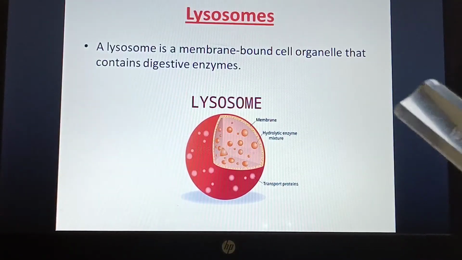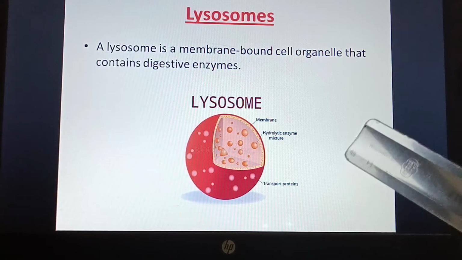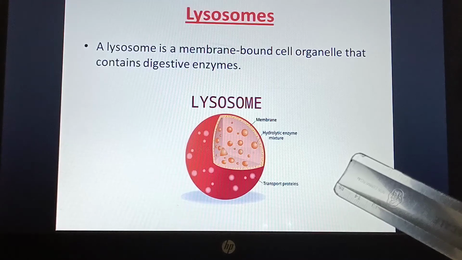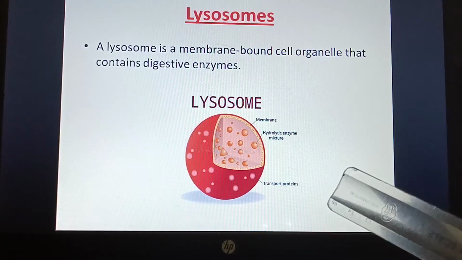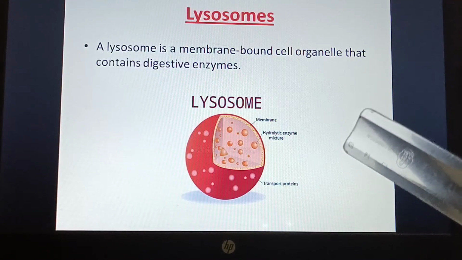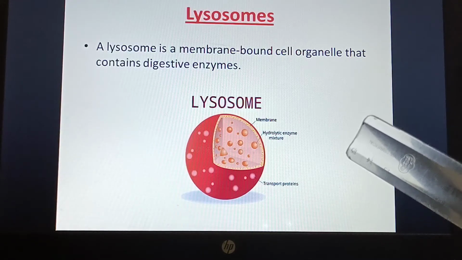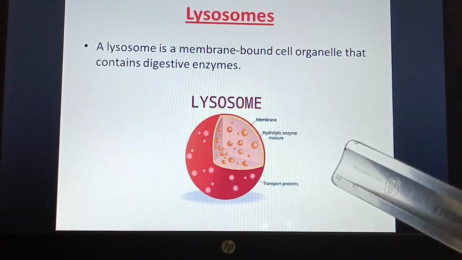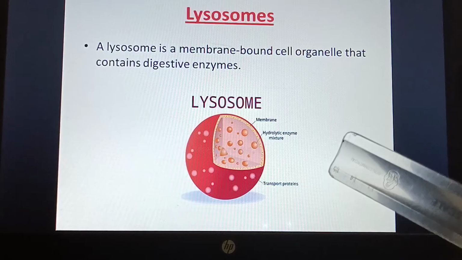Next we'll go for lysosomes. Now what is lysosome? It is a membrane bound cell organelle which contains digestive enzymes. This lysosome is also called the suicide bag of the cell. Why this lysosome is called suicide bag of the cell, I'll tell you a little later.